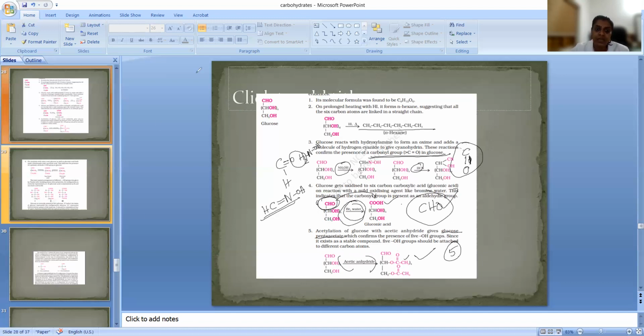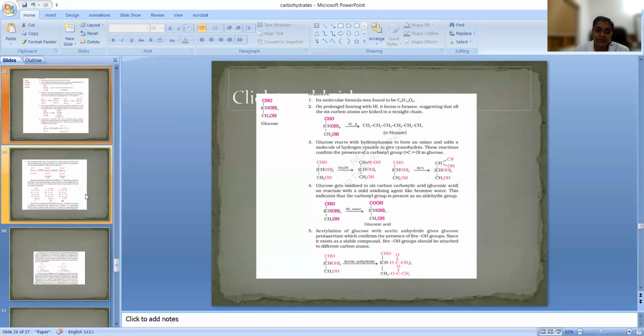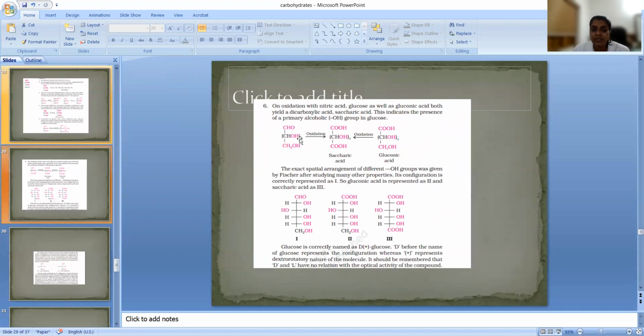Okay. Now, about the structure, we still want to study more. So now the aldehyde undergoes oxidation with nitric acid. When it undergoes oxidation, we can see that at both ends we are getting COOH, that is saccharic acid. Also, gluconic acid already has a COOH group at one position, and at the other position we have a primary alcohol.